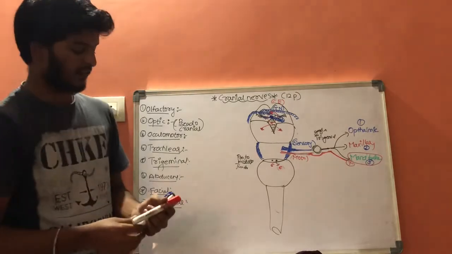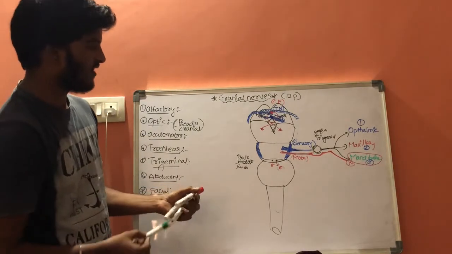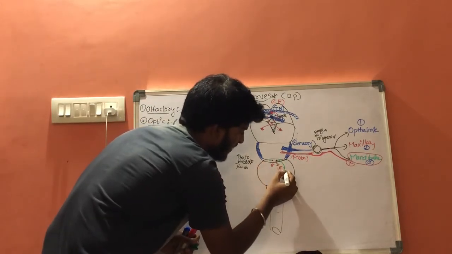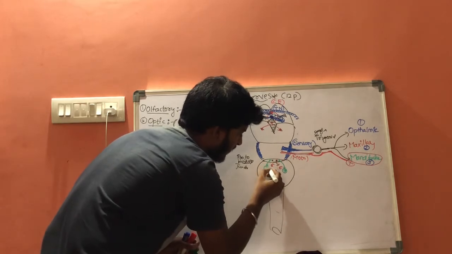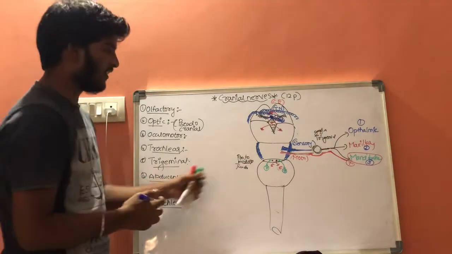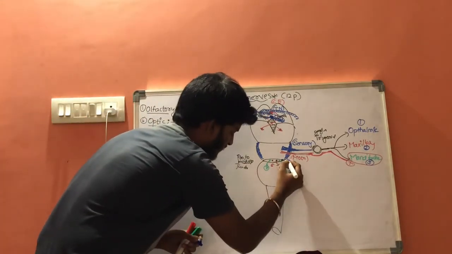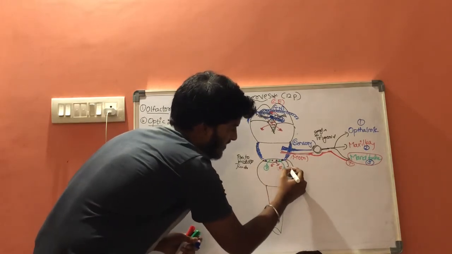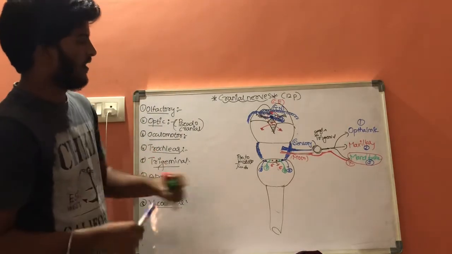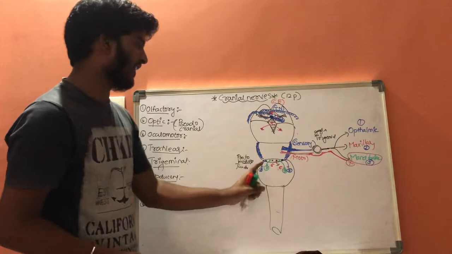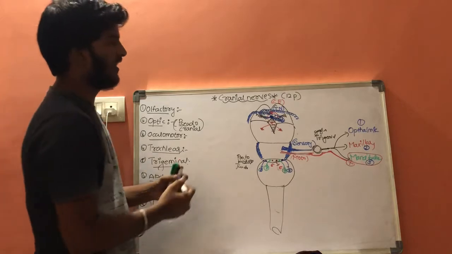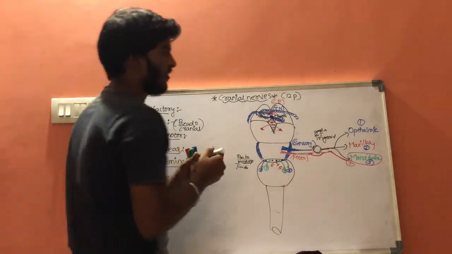Going more lateral to this area, on the lateral side it releases the 7th cranial nerve, and going more lateral to this, it releases the 8th cranial nerve. So the 6th, 7th and 8th cranial nerves arise from the pontomedullary junction. So let us draw a structure.